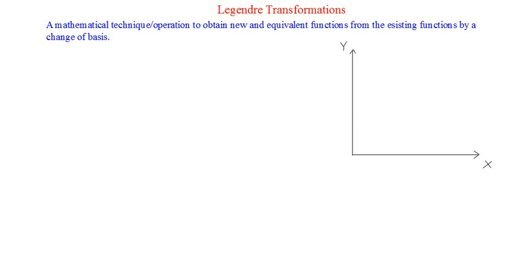In your mathematics complementary classes, I think by now you are very familiar with the Laplace transformation method, which helps you to solve differential equations in a better, more convenient, or simpler manner. So the Laplace transform is also another example of mathematical transformations. There are several such transformations in mathematics, and most of them find applications whenever we are solving problems in physics.